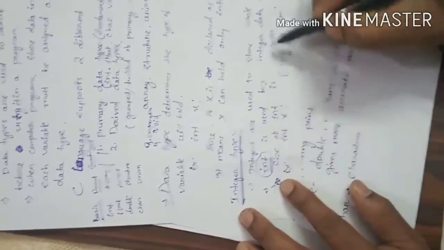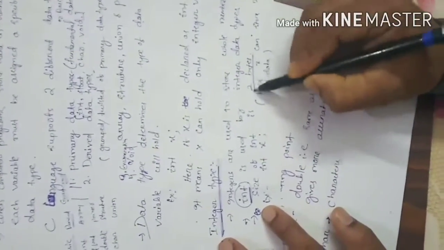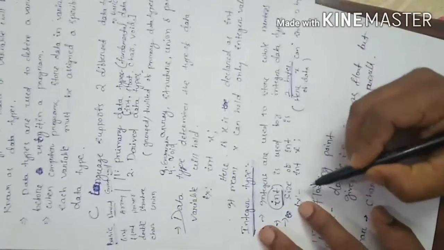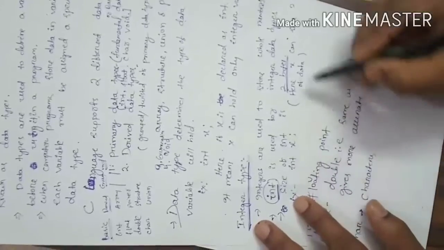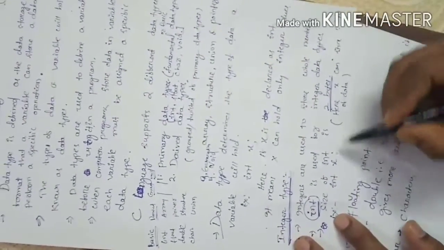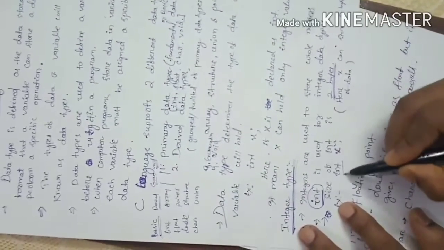Size of int is 2 byte. I already gave one example, int x. Here x is the variable which can store the data of 2 bytes. Why? Because this is of integer type data type.